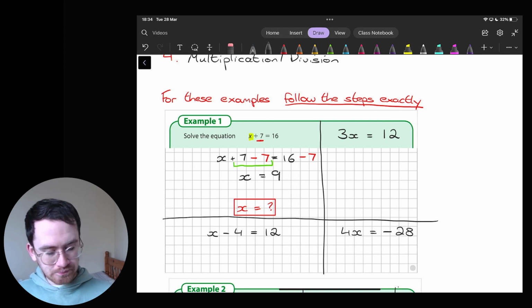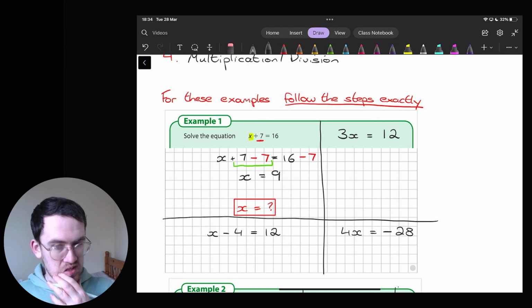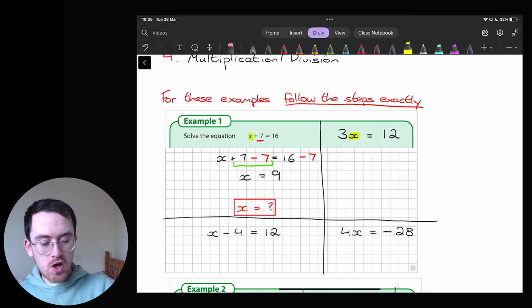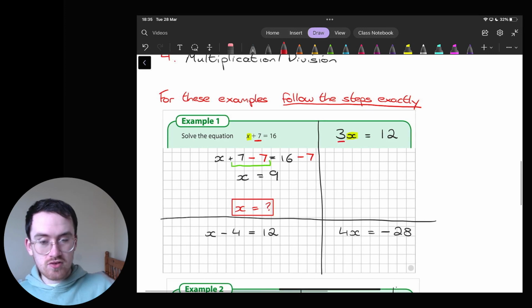Looking at the next one then on the right hand side, 3x is equal to 12. Again, we first of all look at our variable, so we're looking to get x on its own. We need to see what we need to remove, and this time what we need to remove is the 3.